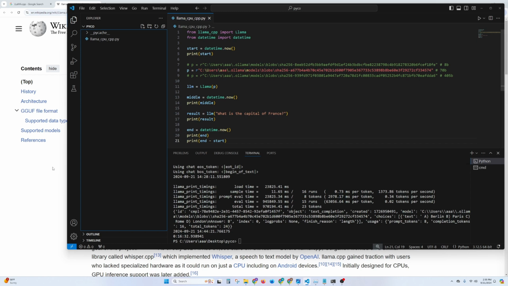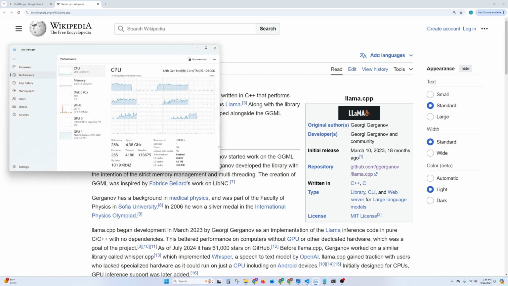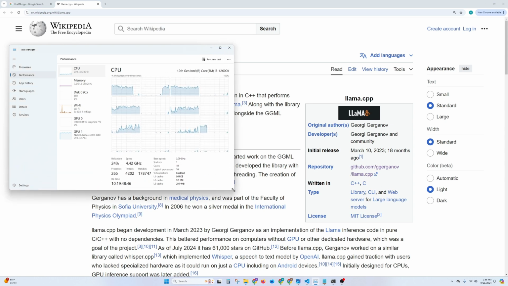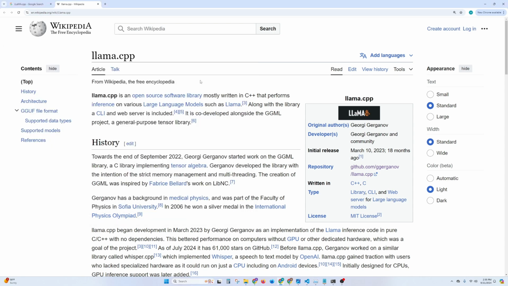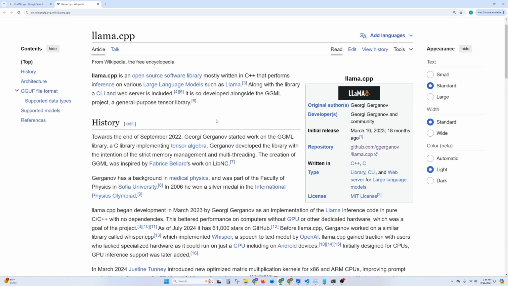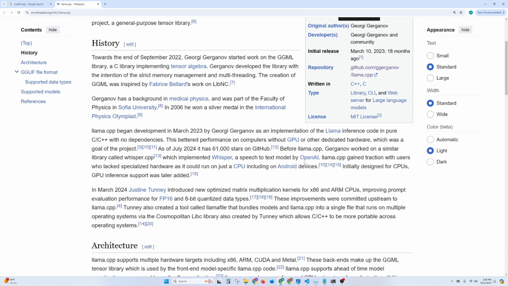So one thing that I recently discovered was this thing called llama.cpp. Now, normally the AI models will make heavy use of your GPU, and of course they monopolize a lot of RAM and stuff like that. But this llama.cpp is a library that makes the LLM work off of the CPU instead of the GPU, right?